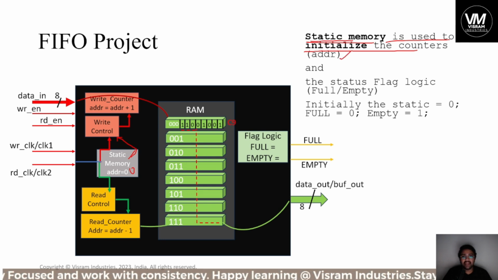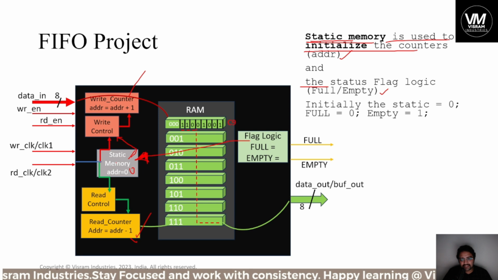That is nothing but address generating modules. This counter is nothing but address generation. This is address generation, the read counter. Okay. The status flag logics are also understood from the static memory. If the write counter reaches 7, the static logic will be full.